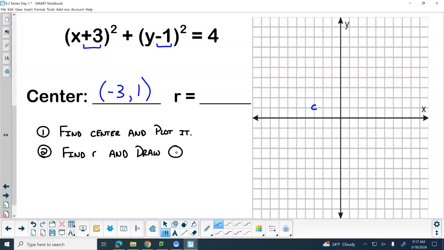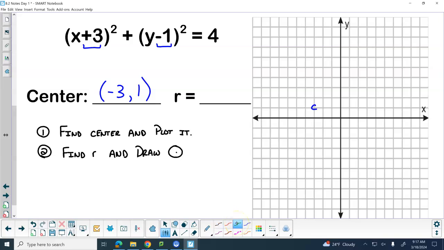If 4 is r squared, because remember my formula said it was (x minus h) squared plus (y minus k) squared equals r squared, so if 4 is my r squared, what is my radius? What is r? Ryan, what you got? 2. Yep.